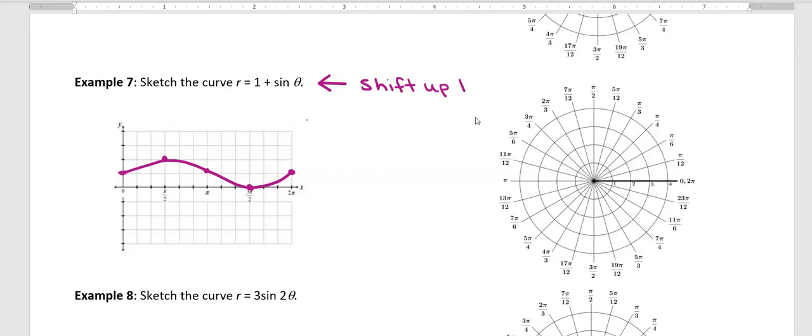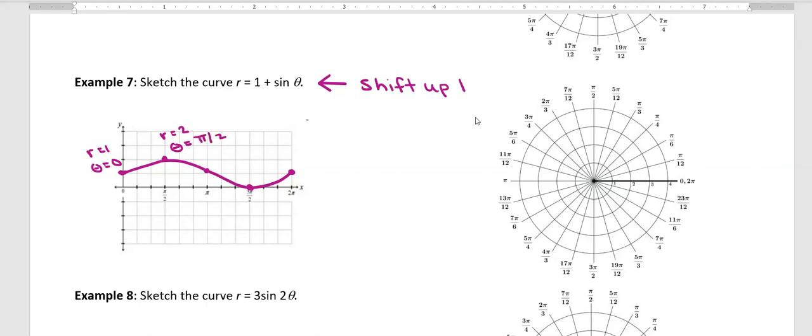So this first point here, when we evaluate this r function at the angle 0, my radius would be 1 and my angle would be 0. At the second point here, it would be a radius of 2 and an angle of pi over 2.